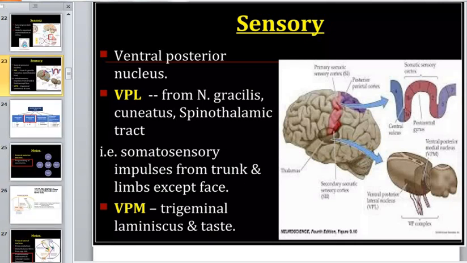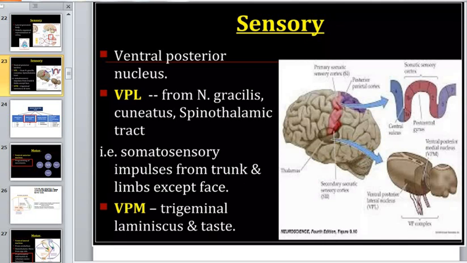This nucleus receives the termination of the major sensory pathways ascending from the spinal cord and brainstem, and this includes fibers carrying the sensation of taste.